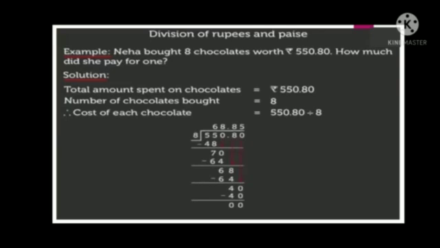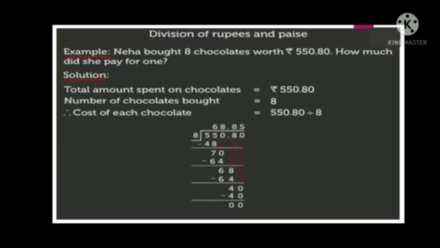We will just ignore the decimal while doing the division, and we will do the division in the simple way as we used to do with the whole numbers. So we will divide 550 rupees and 80 paise by 8.